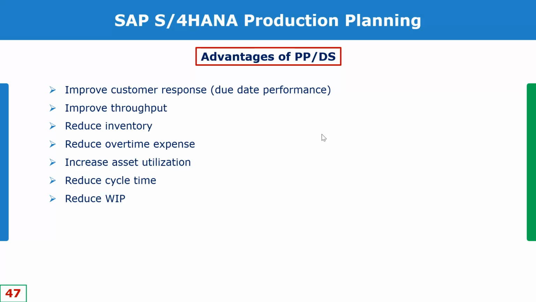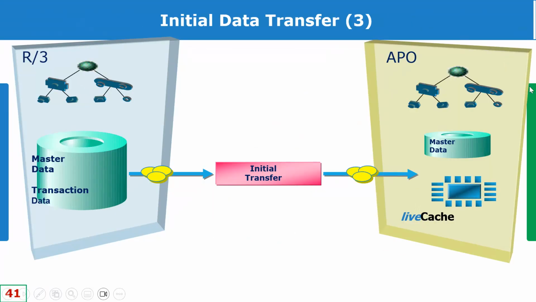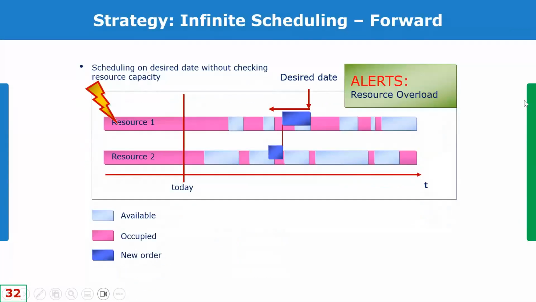As I told, the integration part we will tell, but not in depth, because our main focus will be production planning. But I told you in the first slide, correct? If you see the first slide, I explained that integration part.